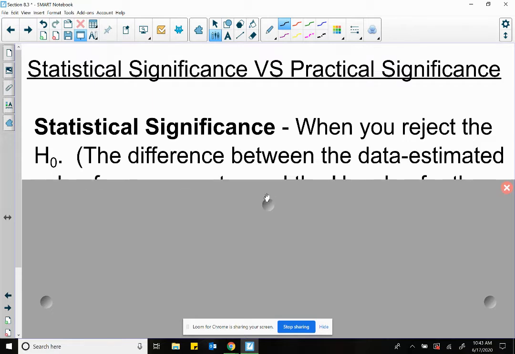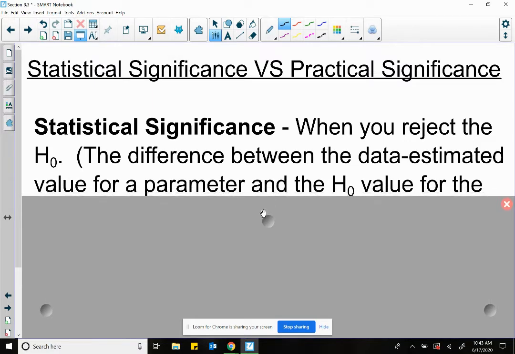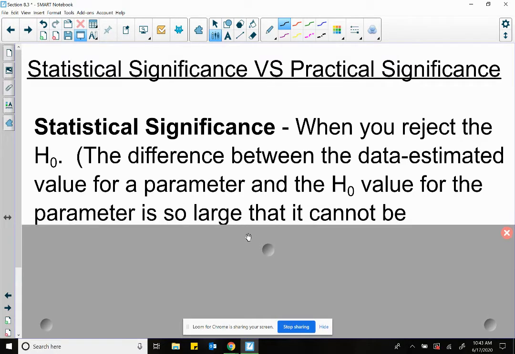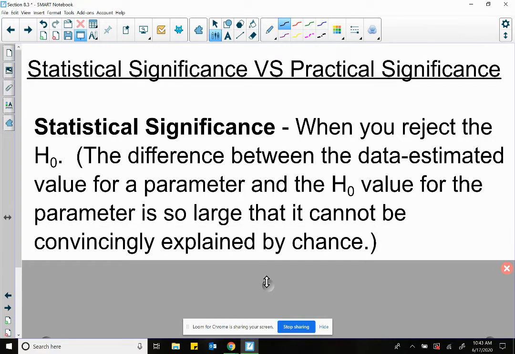And what that means is when we truly reject the null hypothesis, it means that the difference between the data estimated value for the parameter and the null hypothesis value for the parameter is so large that it cannot be convincingly explained by chance. There's such a significant difference that we have to reject.